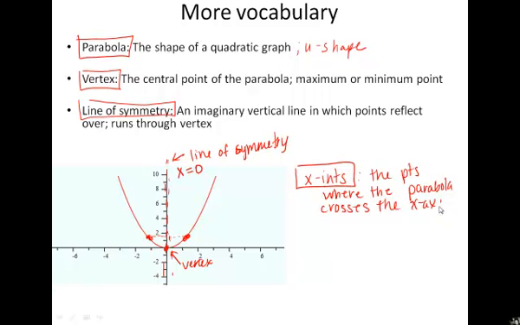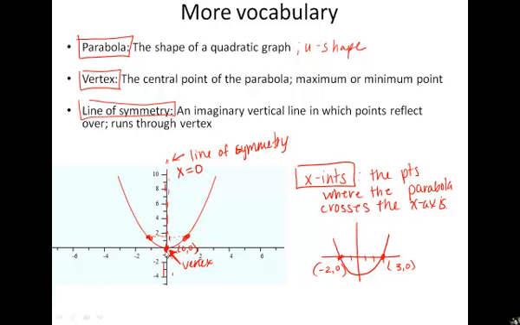Again, I know you probably have a feeling of knowing this already, but it's really good to note. Here our vertex is actually our x-intercept, and that point is 0, 0. Over here, if you were to mark this, our points are 3, 0 and then -2, 0.